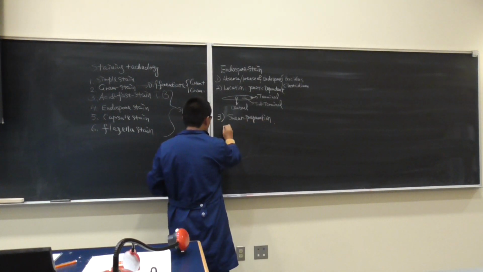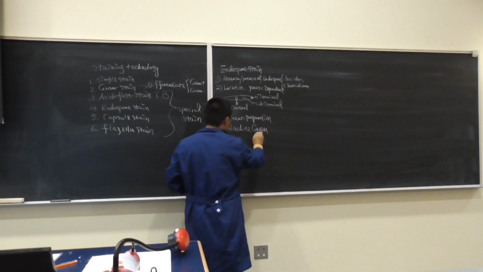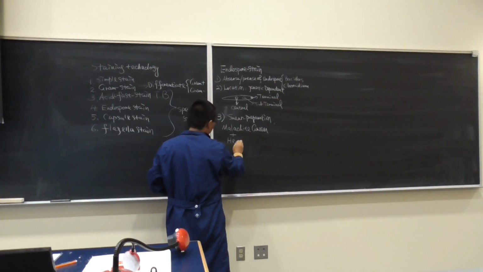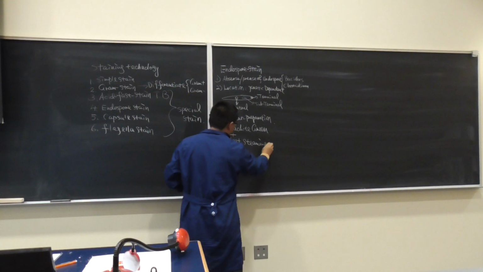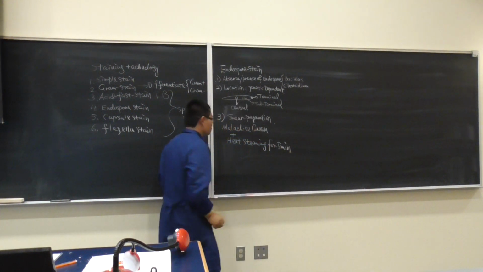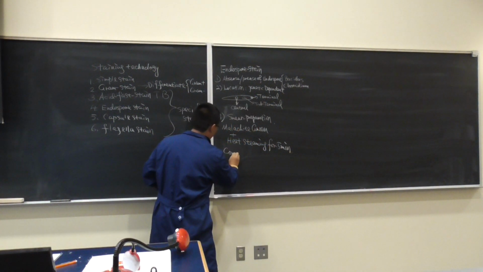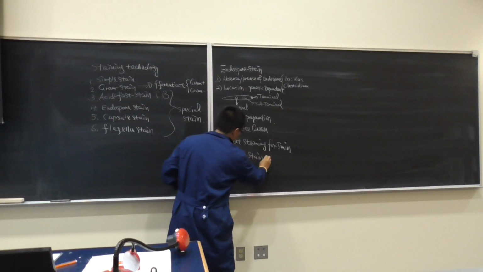Therefore, we need to use a very special dye called malachite green. At the same time, we have to add heat, steaming for 5 minutes. And then we also do a counterstain with methylene blue.